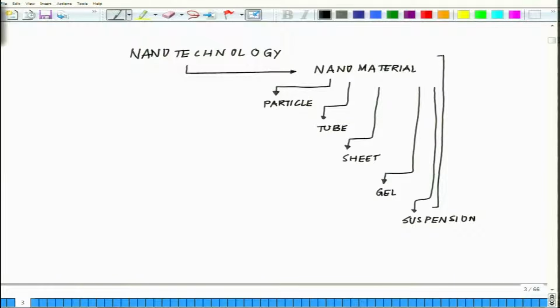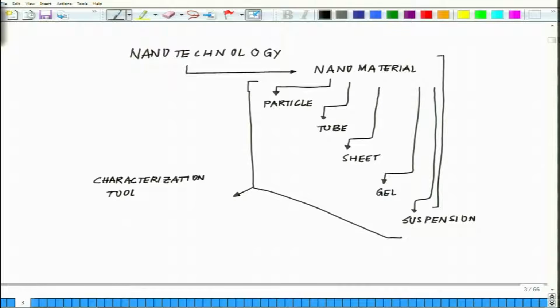Now, when we talk about this wide array of nanoparticles, then you have to realize we have to have different characterization tools to appreciate them. And this is what I was telling you in the beginning.